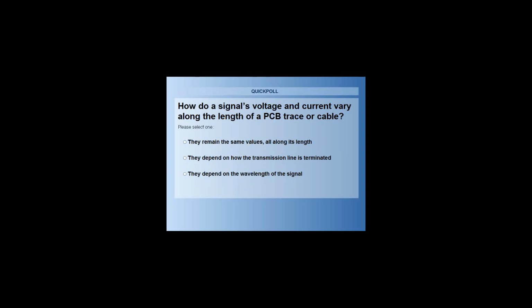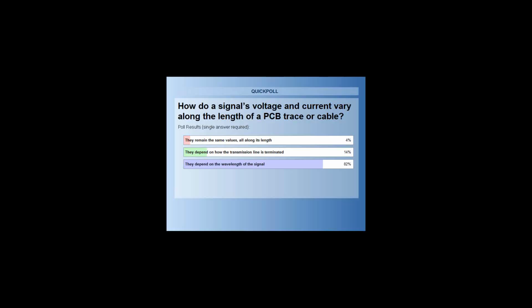We'll give you a few seconds to answer this question. Many of you are voting. About half of you have voted, and it appears that C is the overwhelming majority, and that is correct.